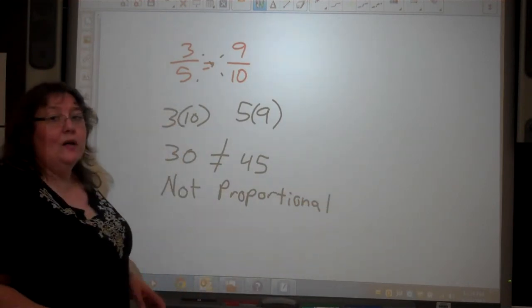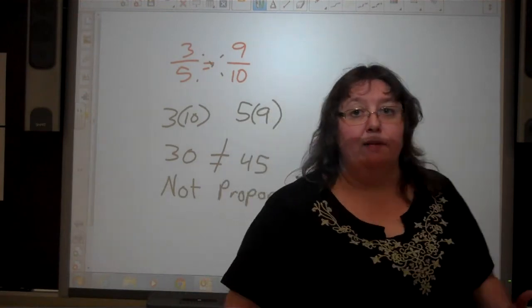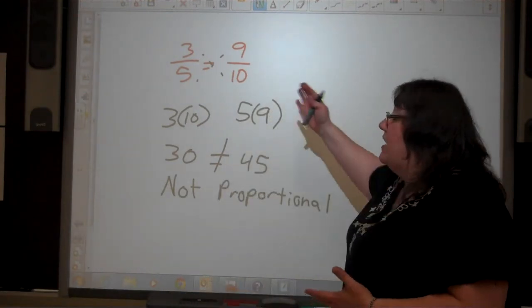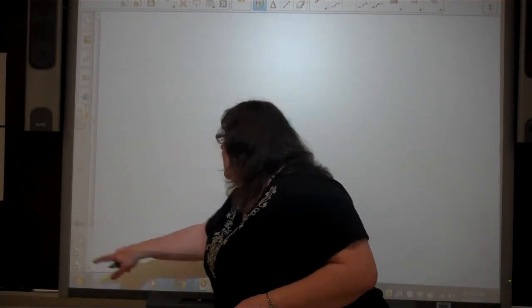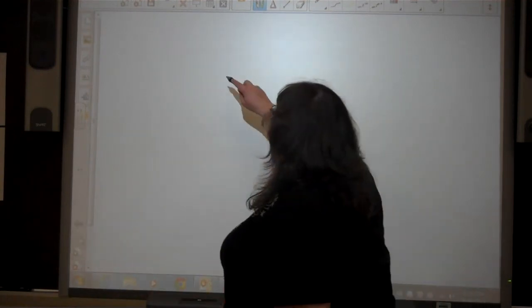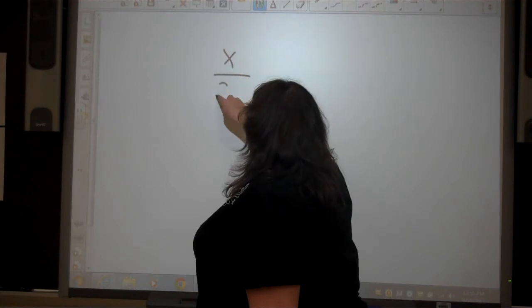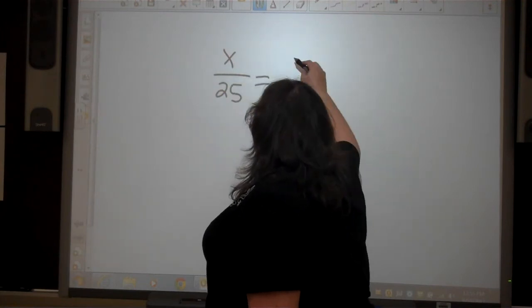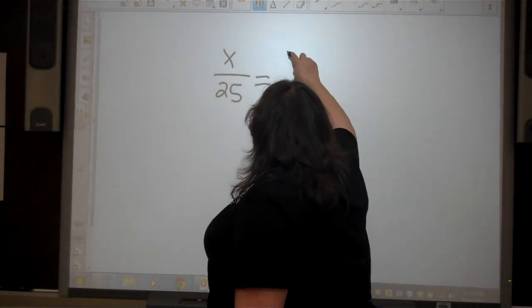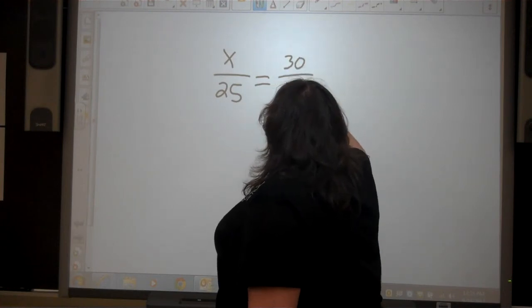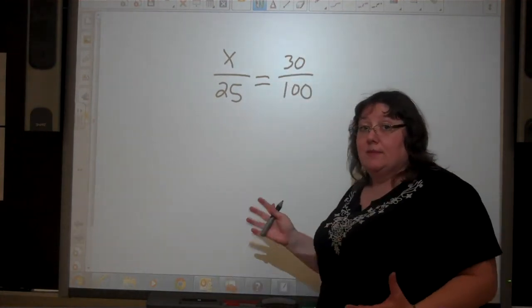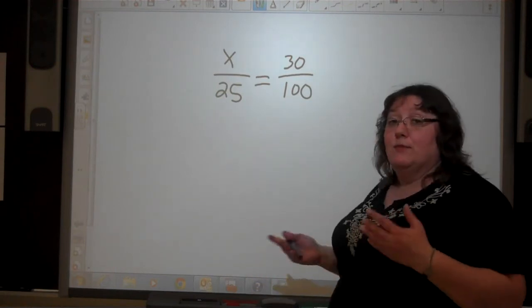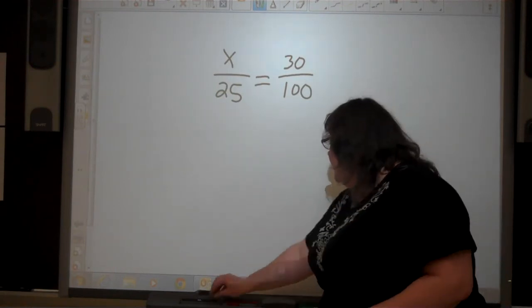Okay? So a lot of times when we're dealing with these types of problems, we're going to have a missing value that we have to find, okay? So what we'll be looking at is something like this. We have to cross multiply, then divide, okay?